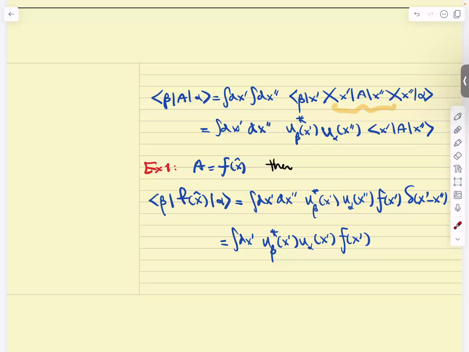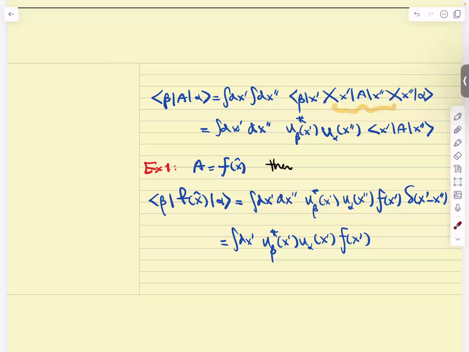Dirac delta function. The Dirac delta function came from the fact that I had f of x and x double prime, x prime. Forget about this. If f of x had x on this guy, what does it give me? It gives me f of x double prime.